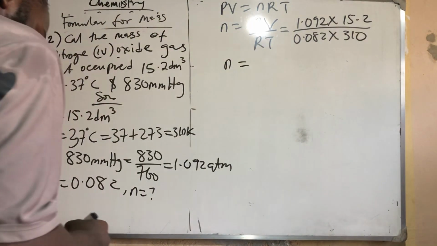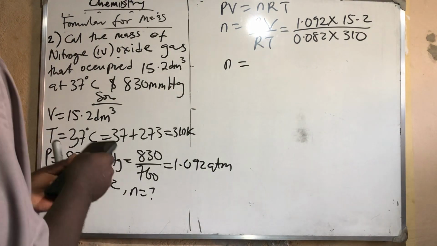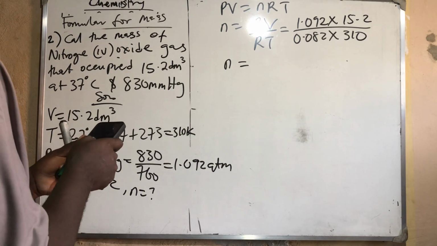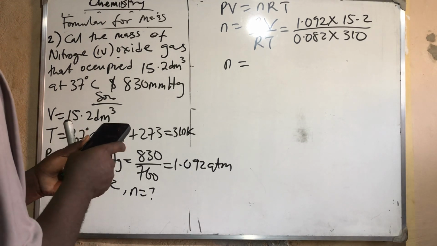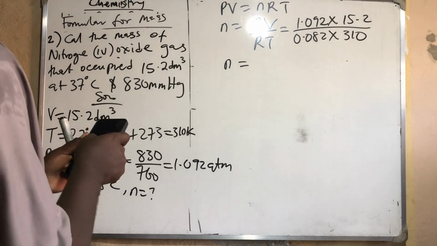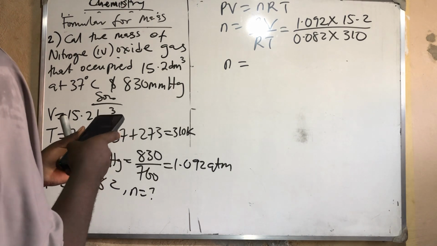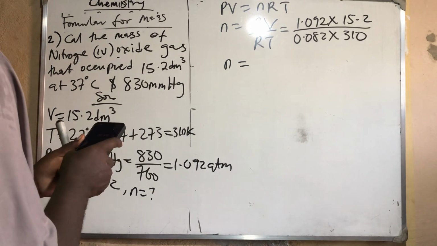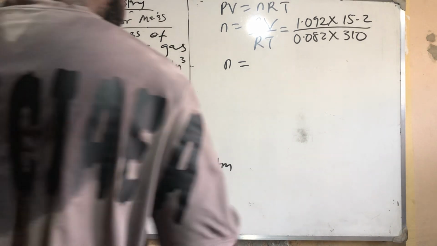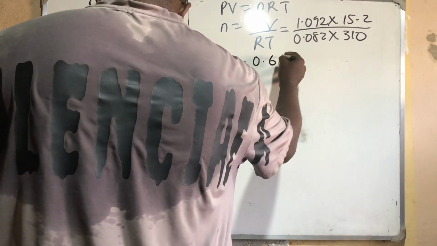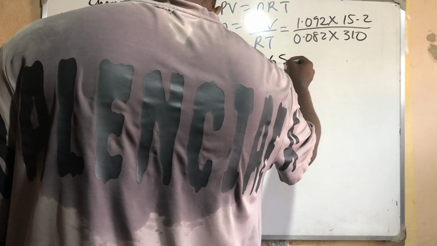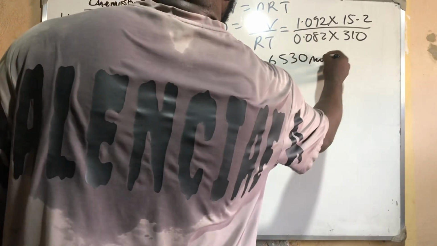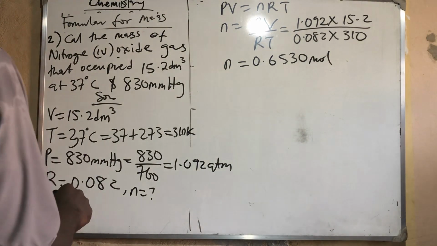My n is equal to 1.092 times 15.2, divided by 0.082, then divided by 310. So I'm having that my n is 0.6530 moles. So they are asking us the mass, but we can calculate the molar mass.